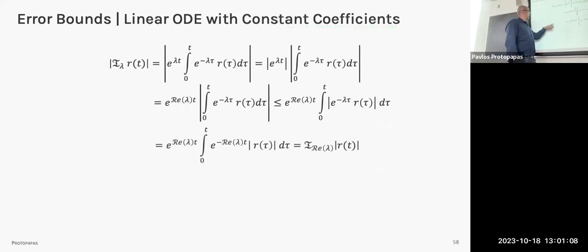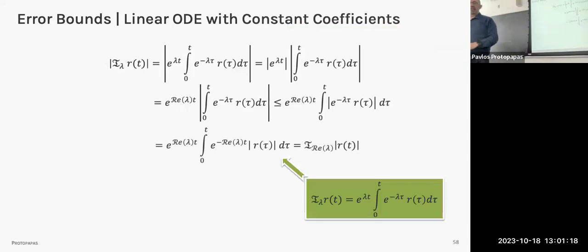That means the magnitude of this is going to be the real value of lambda for this operator times that. And to do that, I use my formula before. If you look at this, it says I of lambda R of t is e to the lambda. So because I have real, I substitute that with real and I get that.